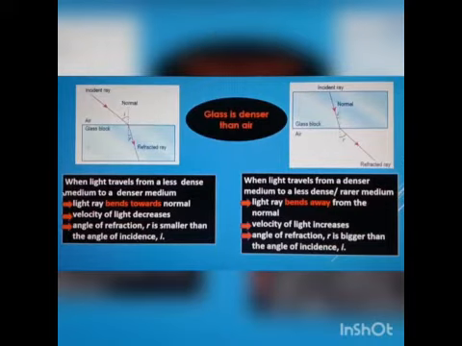For this one, we can explain it like this. When light travels from less dense medium to denser medium, what happens? Velocity of light decreases. So what happens to the light ray? It bends towards the normal. So you can see the angle of refraction r is smaller than i.